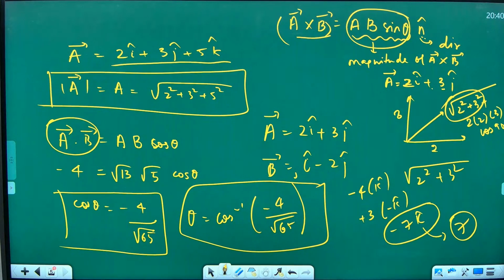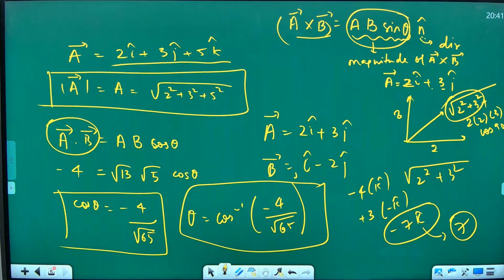Take the new question now, everybody. Three vectors, A vector, B vector and C vector, are such that A vector is equal to B vector plus C vector, and their magnitudes are 5, 4 and 3 respectively.